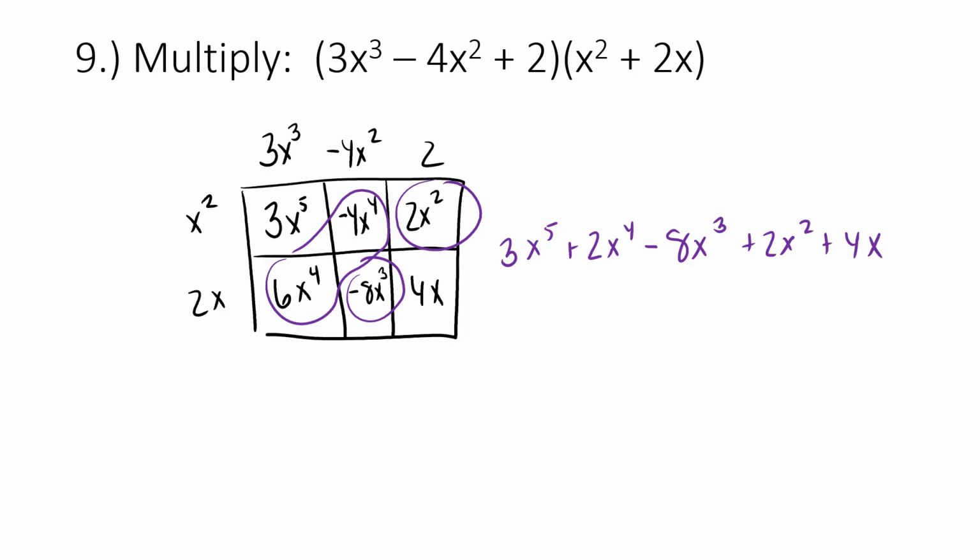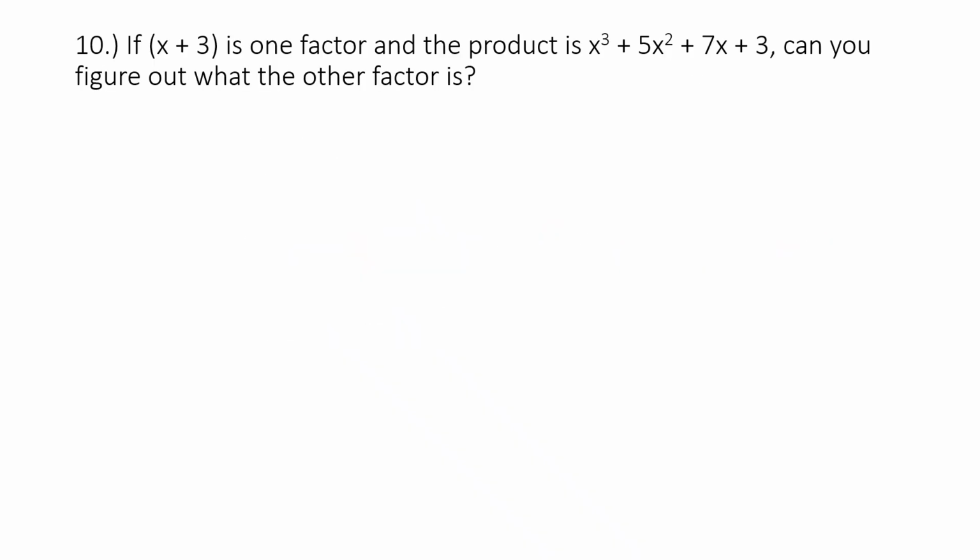Okay. Now, this last one. This one I wrote on the problem slide, like this is definitely a challenge problem. So this is really pushing into division. This is where you have something and you know what the area is, and maybe you know what one of the dimensions is, and you are asked to find the other one.